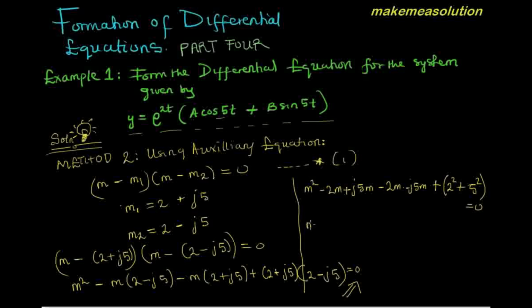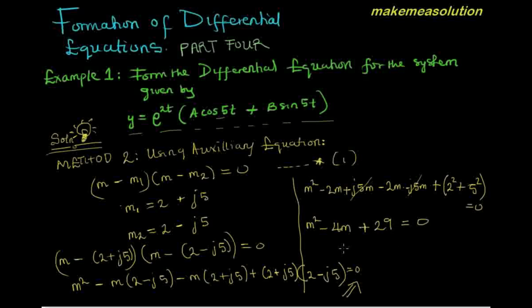So we now have m squared, and collecting the like terms, you get minus 4m, then plus j5m and minus j5m cancels out. Plus 4 plus 25 is 29, and this gives me 0.